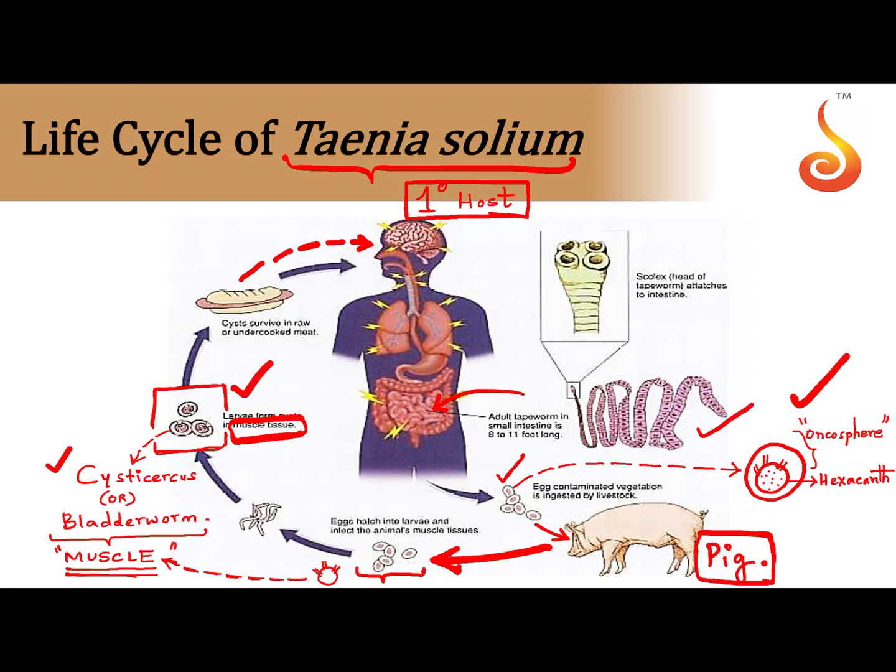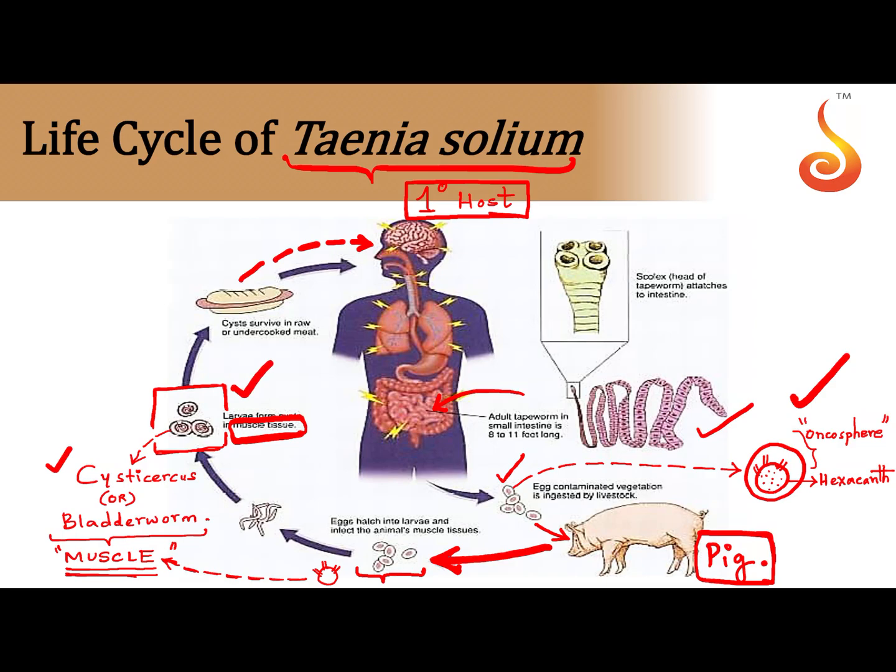And when such a muscle of the pig, the meat which contains these larvae, is consumed without cooking properly, the person will be ingesting these cysticercus or bladder worms, which in another 3 to 4 months will transform into the adult worm in the small intestine of this particular host.